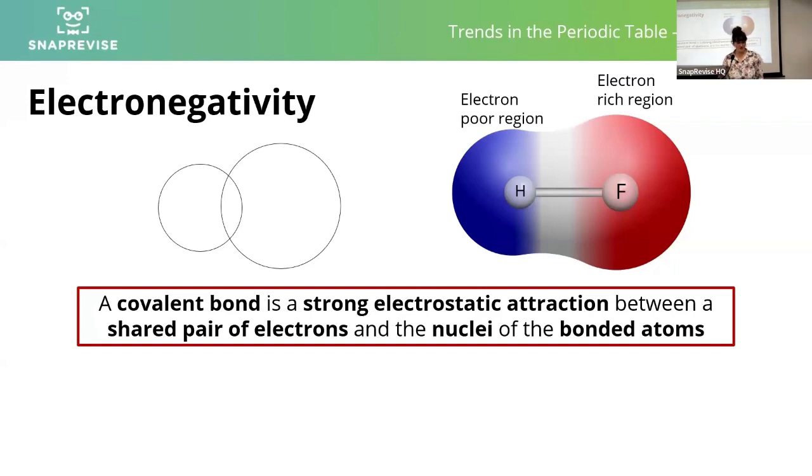But yeah, so what's happening in covalent bonds? Why are we talking about electronegativity? Well, let's go back to blue. If we've got HF, just as we've got this diagram here showing us our electron-rich region and our electron-poor region, if we draw HF there and show it in terms of a dot and cross diagram, our shared pairs of electrons.